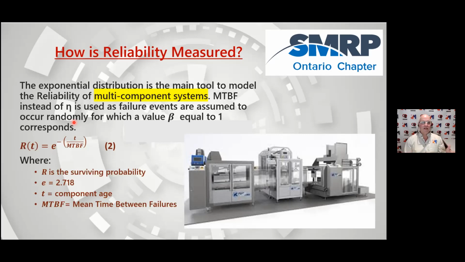And for random failures, this distribution fits very well. In here, we may use the MTBF of the whole system as the scale parameter, and we will be able to understand the probability of failure or the survival function of this asset.